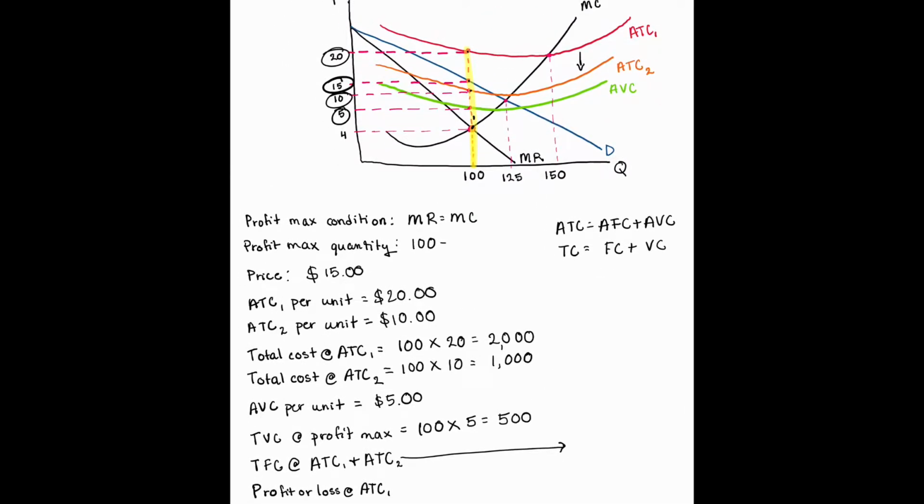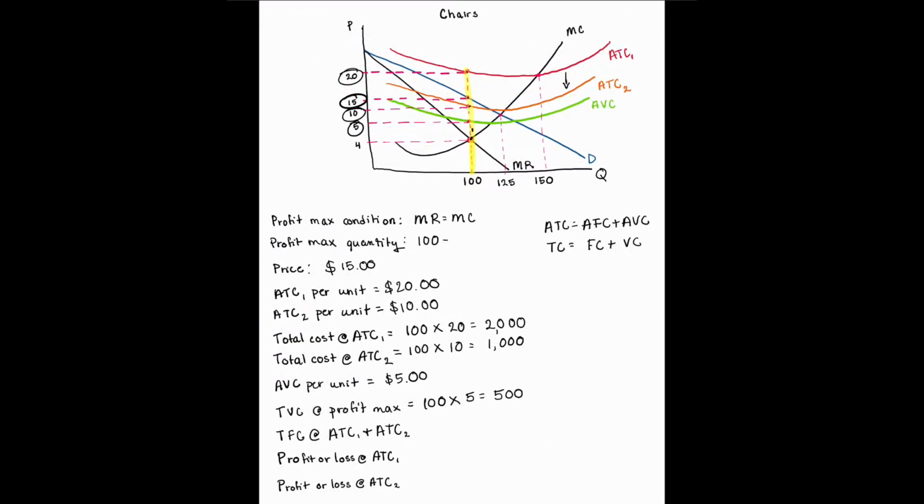So for average fixed cost per unit, we take the average total cost at each point and then subtract the average variable cost that we found.